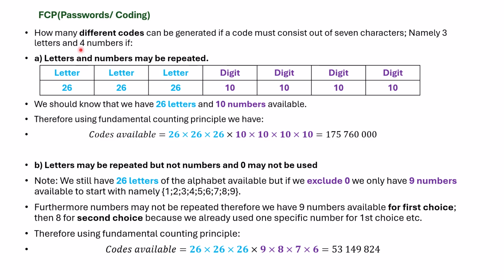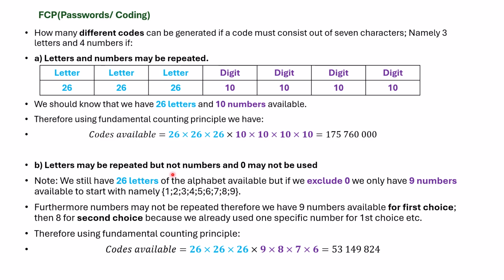So if somebody tried to crack that password, he has to look at 175,760,000 different possible combinations, which sounds like a lot, but it's not a lot, taking into account the software developed nowadays. Now, part B: letters may be repeated, so I may use a letter more than once, but not numbers.